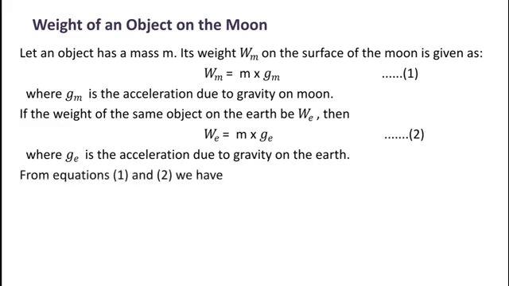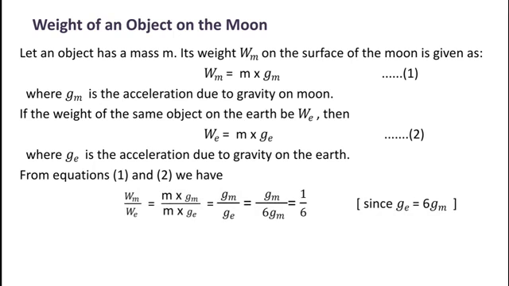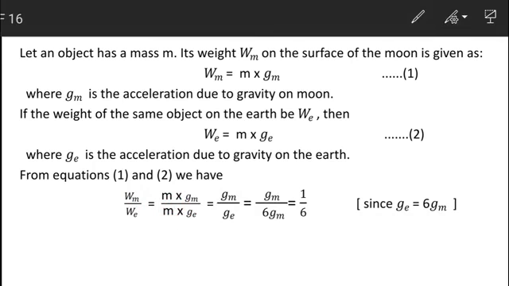Now students, if we divide these two equations, then what we get? Wm by We is equal to m into Gm divided by m into Ge. Now here you can see m and m cancel out, and we get Gm divided by Ge. Again students, you know that Ge is equal to 6 times Gm.